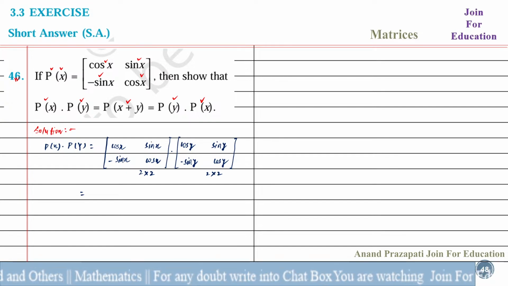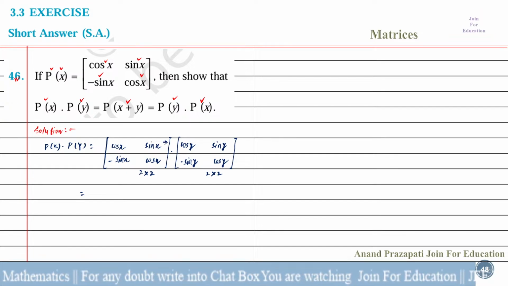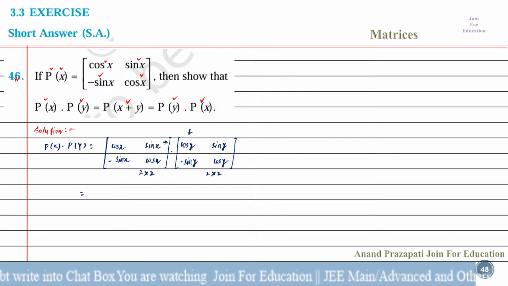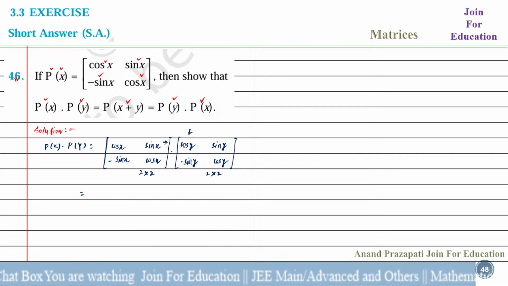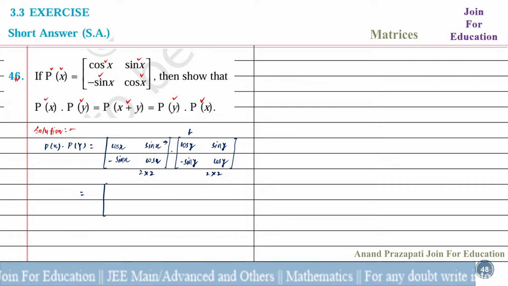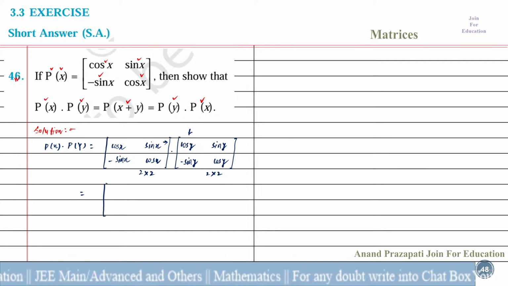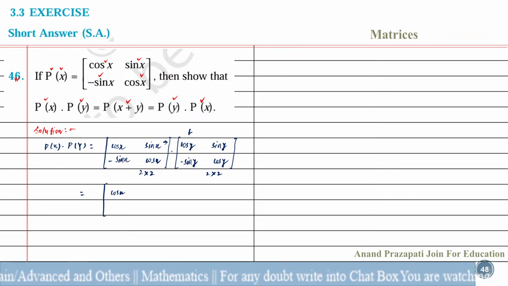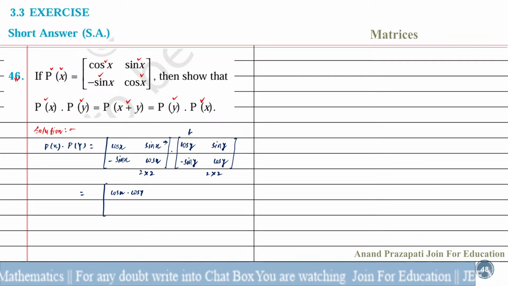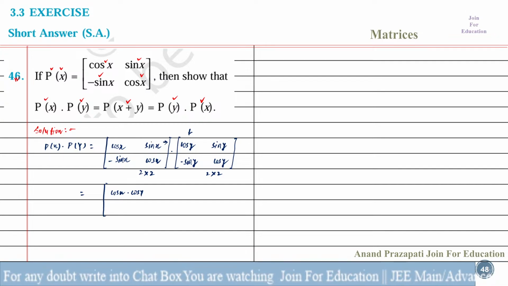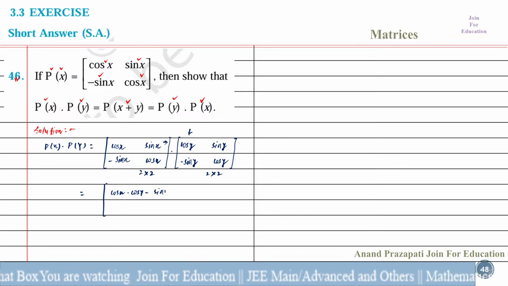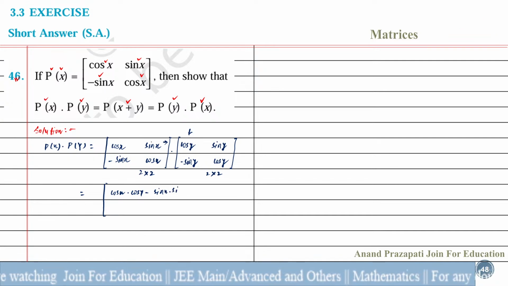So first row along the first column, to get the first element we multiply the corresponding elements, then we get cos x into cos y and sin x into minus sin y, which equals cos x cos y minus sin x into sin y.